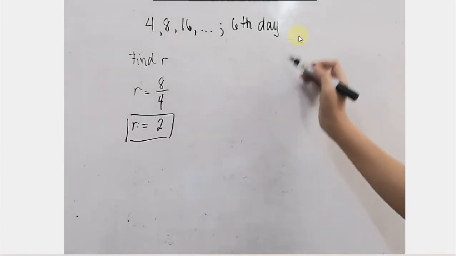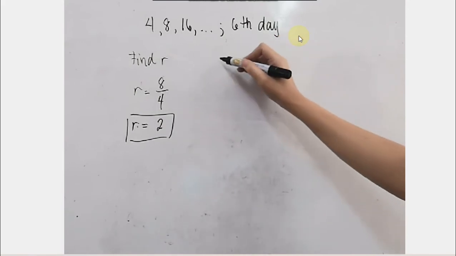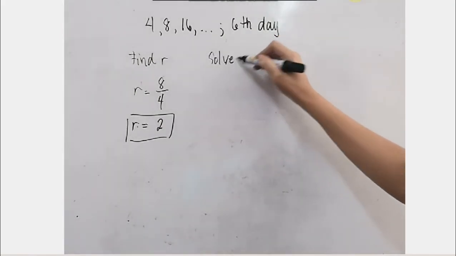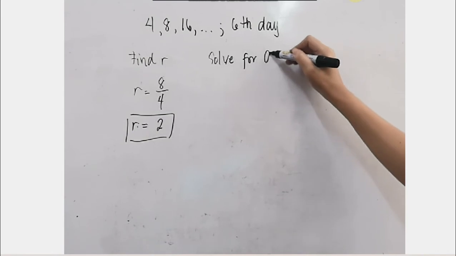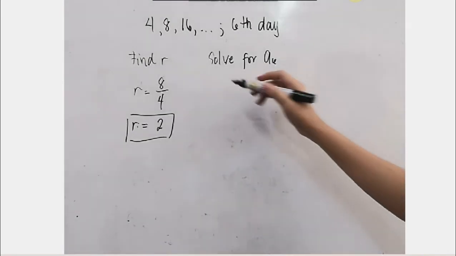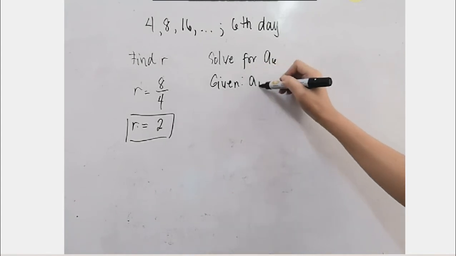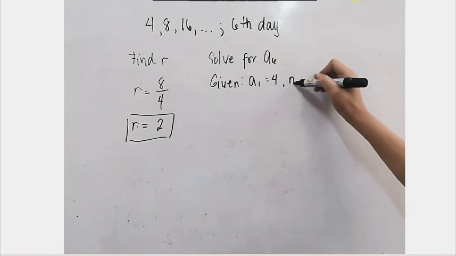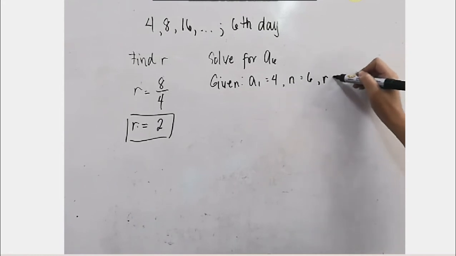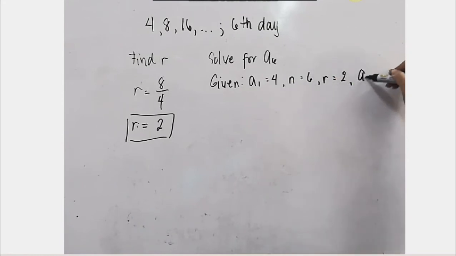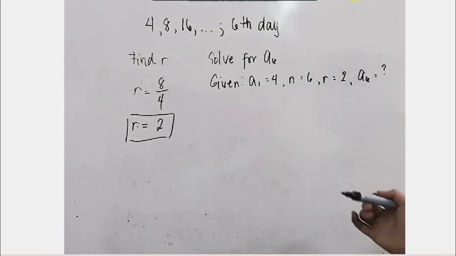So, let us solve now for the 6th day, or a sub 6. So, given, do not forget, a sub 1 is 4, n is 6, r is 2, and a sub 6 is still unknown.